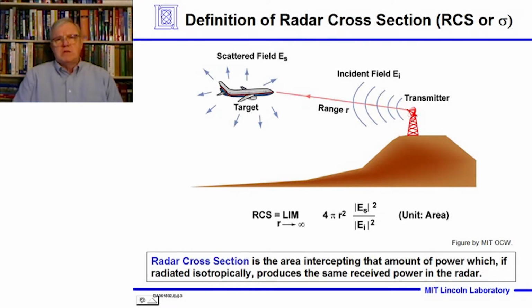Now, what we'd like to do is to characterize how that target reflects the energy to the radar by characterizing it as an effective area. And the definition I gave earlier is a nice broad definition that is a good one if you have a background in, say, history or liberal arts or the law or political science, and you're not a scientist or an engineer.